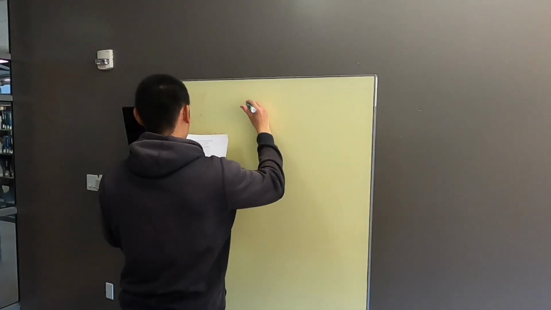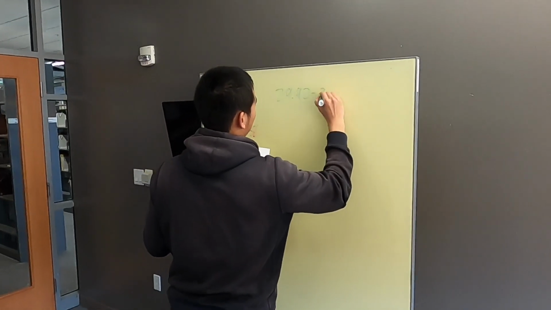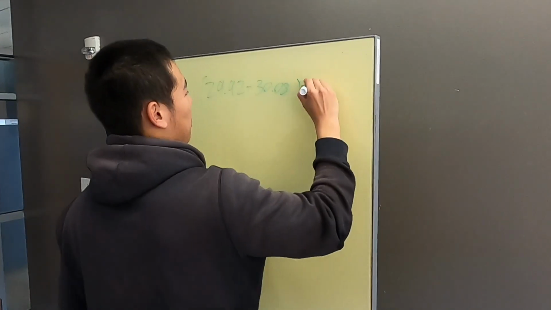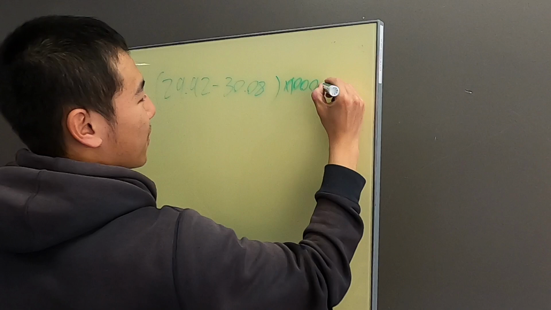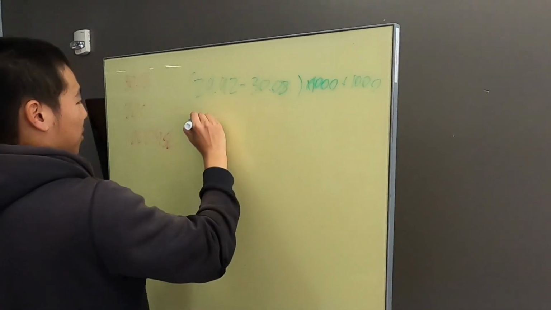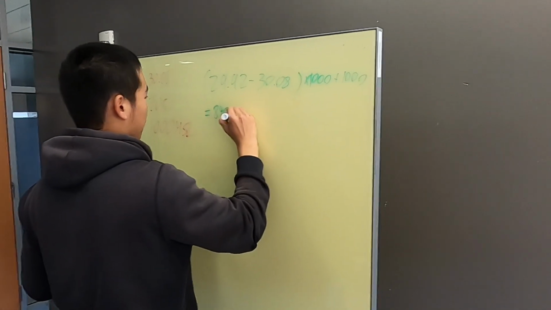So we'll use the equation to find pressure altitude. We'll take 29.92 minus 30.08, close parentheses, times 1,000, and then we'll add our field elevation. If you do the calculation, you should get a pressure altitude of 840 feet.